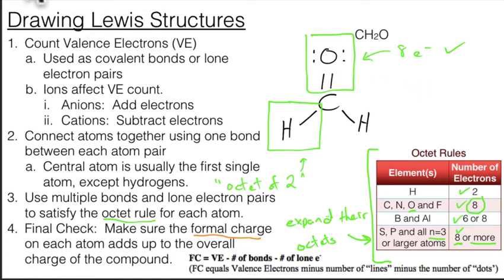And notice that if I talk about the octet for carbon here, those electrons that it's sharing between itself and hydrogen and itself and oxygen are counted for both elements. So the octet here, the box in red, 2, 4, 6, 8. So shared electrons are counted on both elements when you're doing the octet rule.